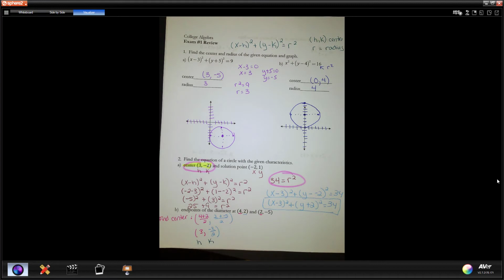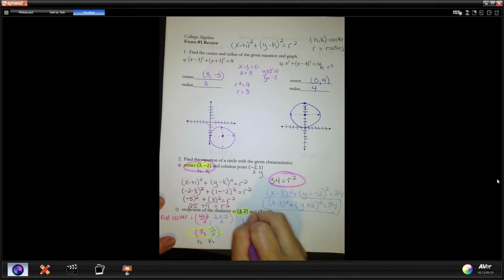This is very important because now here is our h and k. We have to use our h and k because that's our center, and now that is our solution point. So now we're going to use our formula that we just had above.